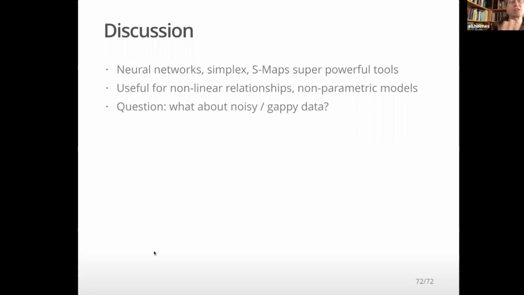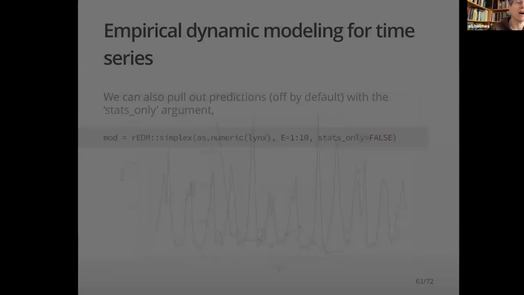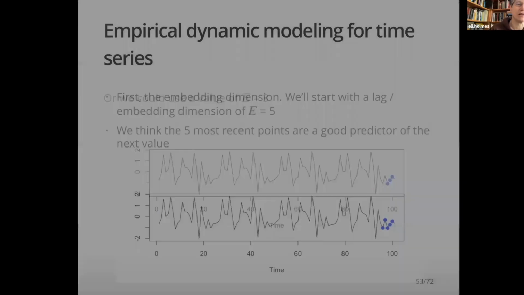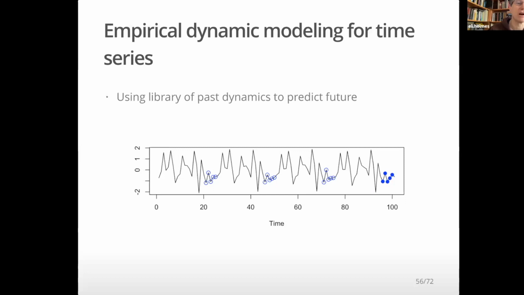Those lynx cycles could be shifting in time, so not regularly every 10 years. This method is not fitting a regular cycle. It's just saying, what values were similar in the past, and I'll find a past that looks like where I am right now, and I'll use that as my forecast. I would imagine the sockeye data that we were playing with would probably work really well for that too.